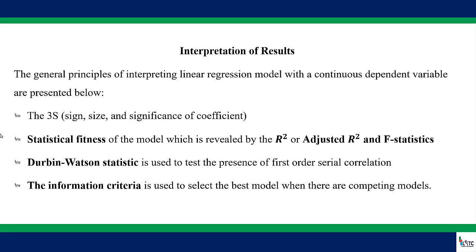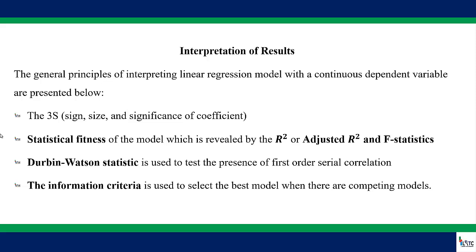Now, let us quickly look at the interpretation of OLS results. Please take note of the general principles of interpreting a linear regression model with a continuous dependent variable. The first thing you need to take note of is that we have three S's. The first S stands for sign, the second one stands for size, and the third stands for significance of coefficients.